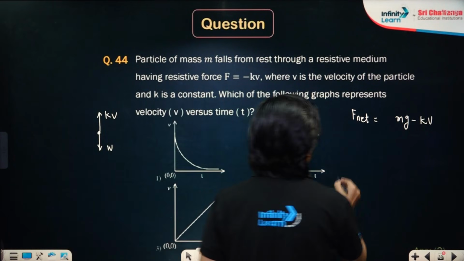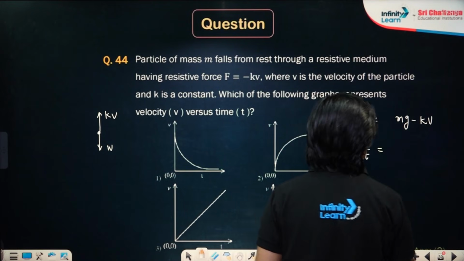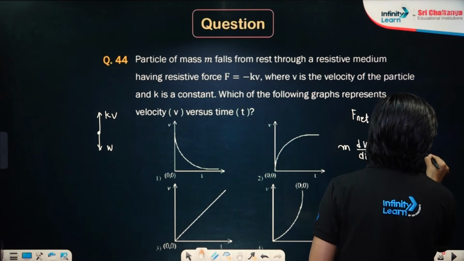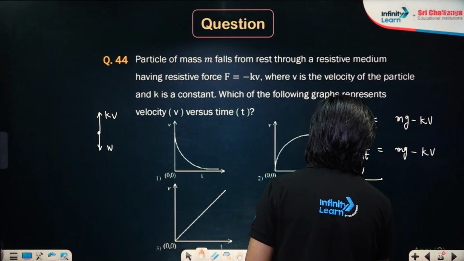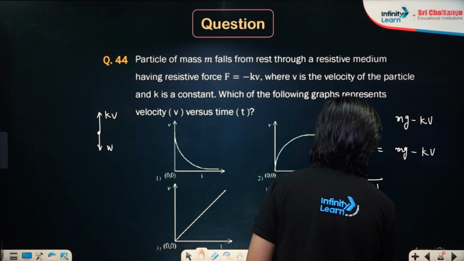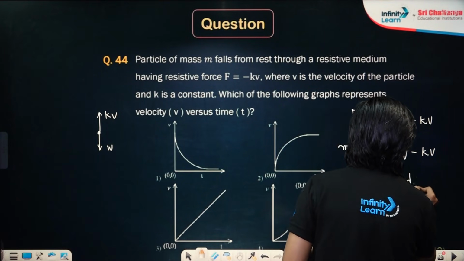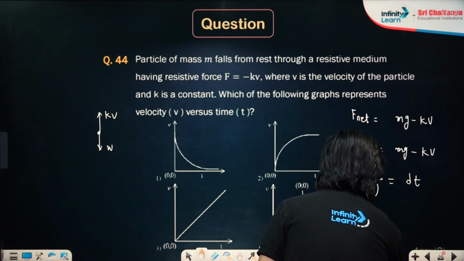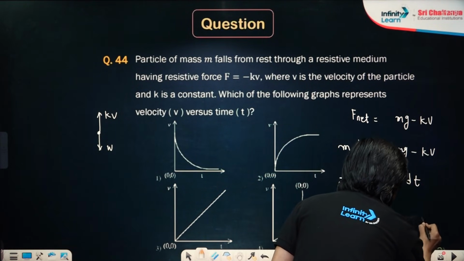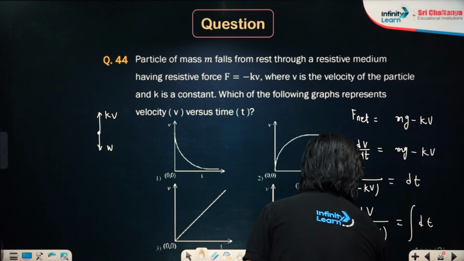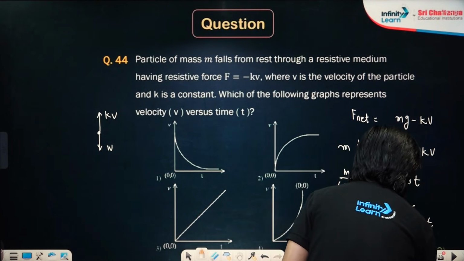Now net force can be written as m into dv by dt. dv by dt is the acceleration, so m dv by dt is equal to mg minus kV. Now you can write dv divided by (mg minus kV), into m, equal to dt. You can now write dv divided by (g minus k by m into v) equal to dt. Now integrate both sides. Velocity is initially 0, then suppose it becomes v, and time goes from 0 to t.